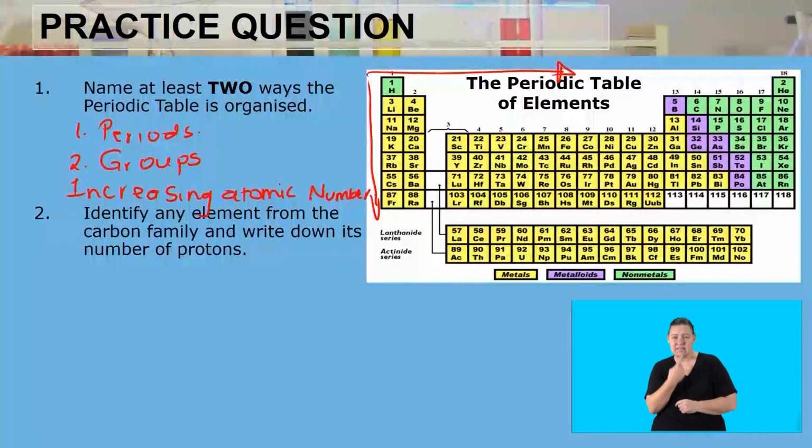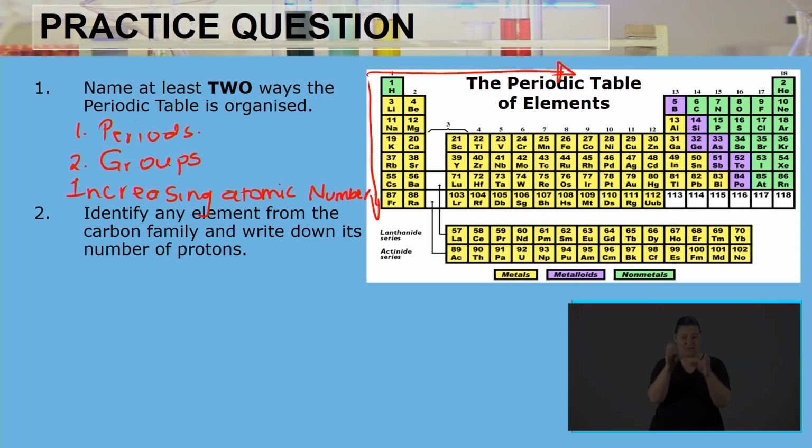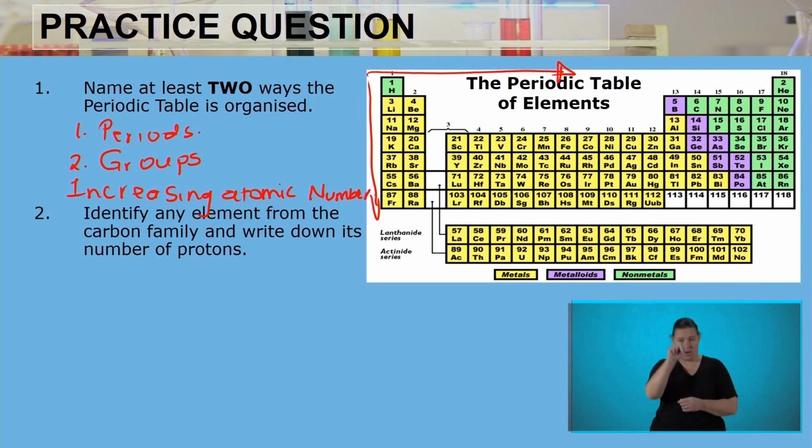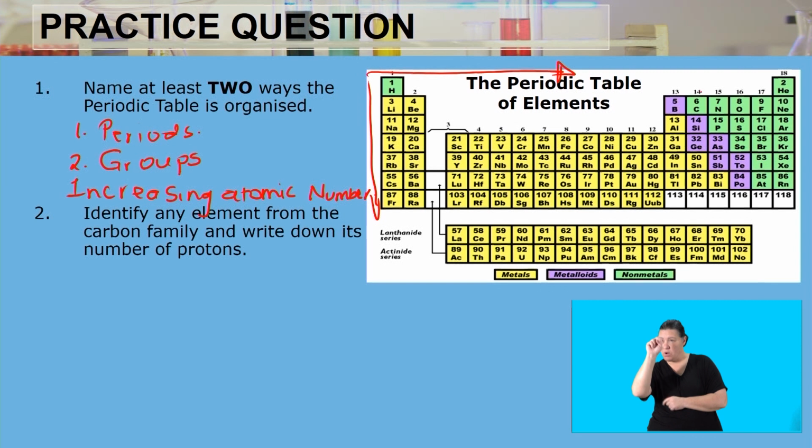And we're saying that the groups are always named according to the first element of that particular group. So we're looking at the carbon family, so we look at where carbon is. So this is the carbon family going down here. So any element that they're looking for here, we can be choosing from that particular family.